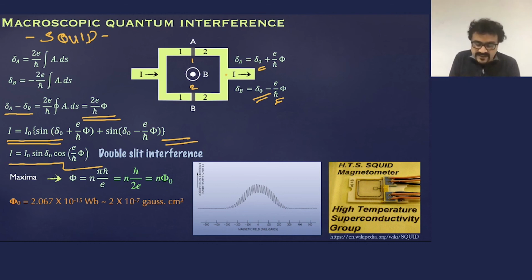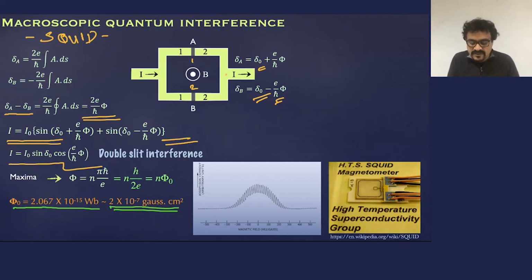Okay, and this phi 0, if you look at the actual numbers, is a very, very small quantity, approximately 2 into 10 to the power minus 15 Weber, or in terms of Gauss centimeter square, 2 into 10 to the power minus 7 Gauss centimeter square. It's a very, very small number. So you have a device whose current undergoes a full oscillation, showing high nonlinearity, when the flux through that ring changes by 2 into 10 to the power minus 15 Weber.